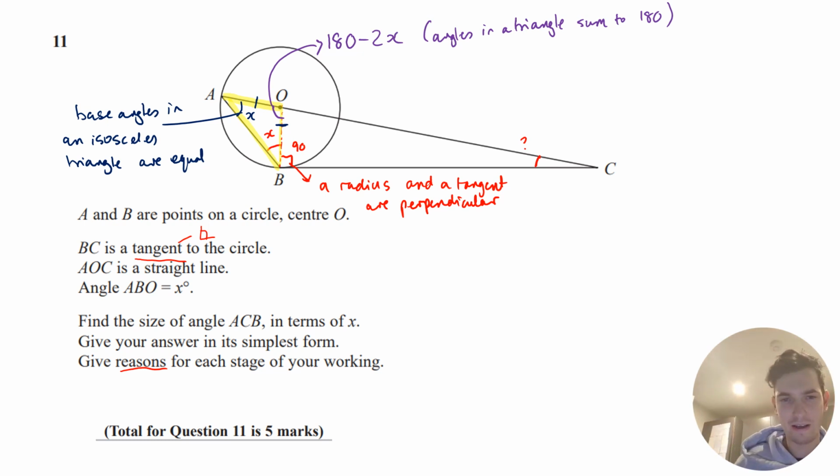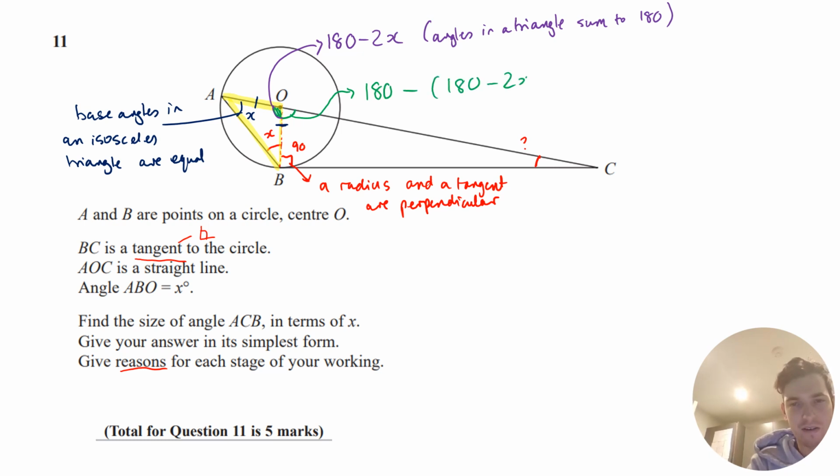So I'm getting closer here. Next one I think I can find out is, well, I've got a straight line here, don't I? I know this one. I think I can work out this one here. So I think I'm going to do 180 minus that angle that I just found out. Well, what is that?